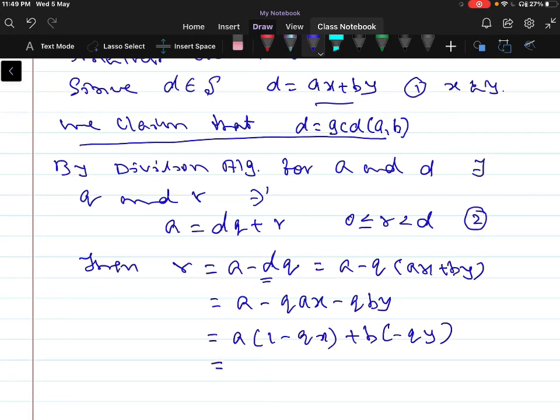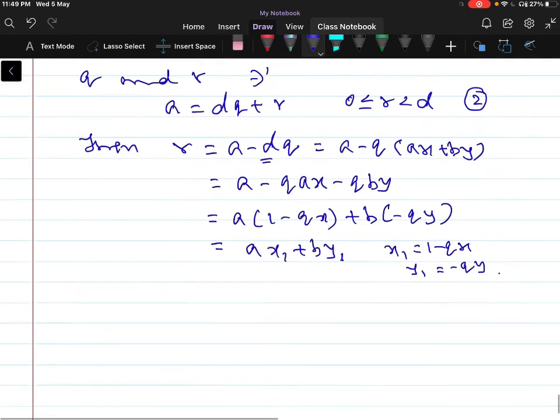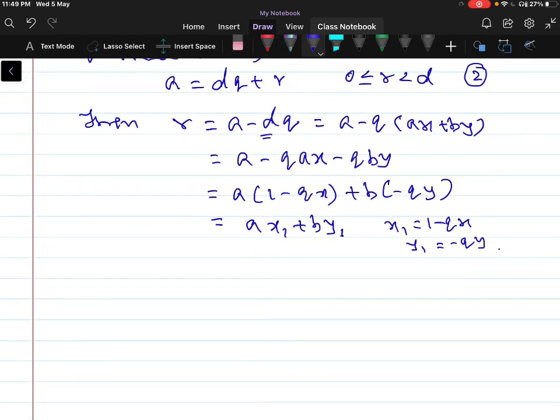So this is of the form a into x1 plus b into y1, where x1 is equal to 1 minus q into x and y1 is equal to minus qy. Call this equation number 3.